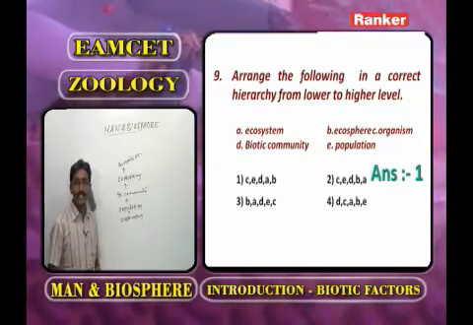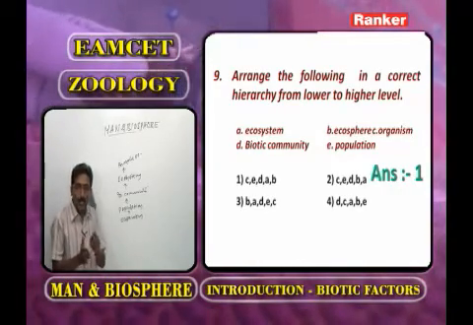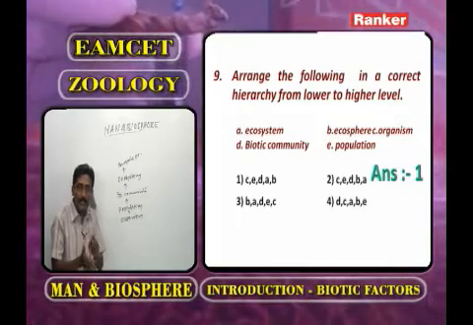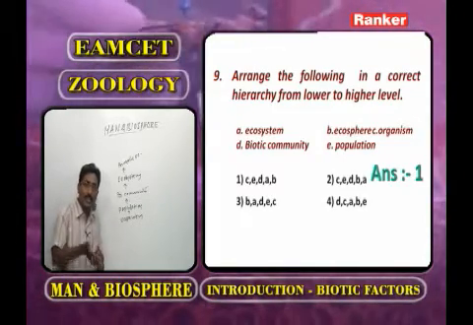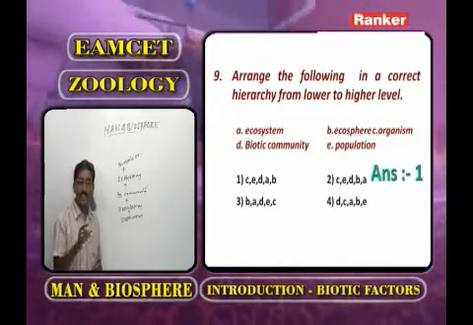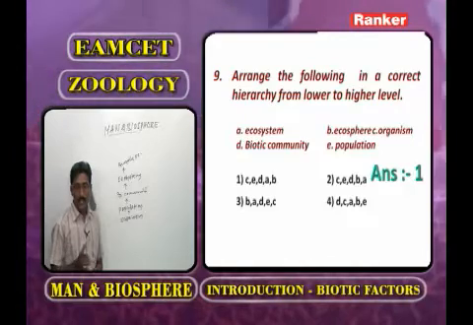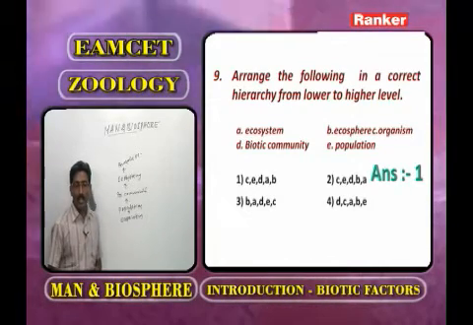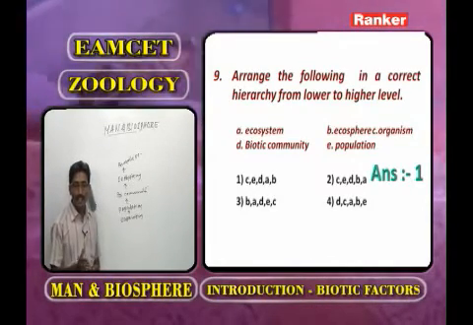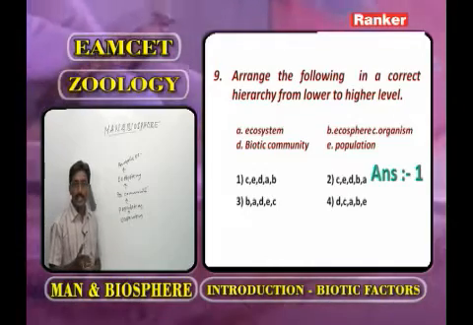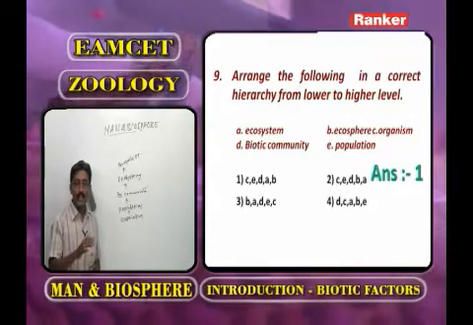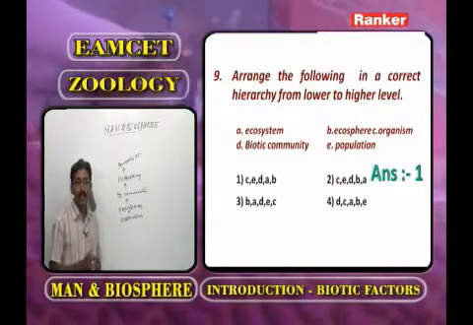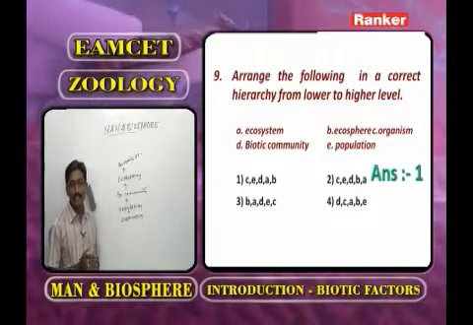Now based on this information, we have to arrange the options in ascending order. One is the organism, then population, then biotic community, then ecosystem, and finally ecosphere or biosphere. Now the answer is the first one.